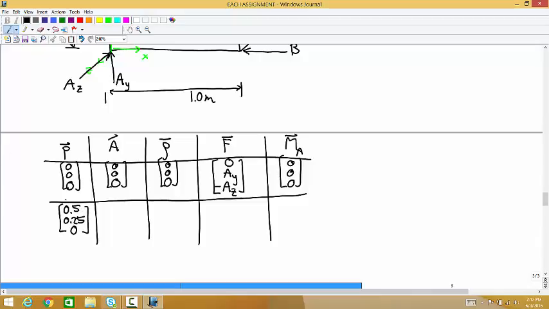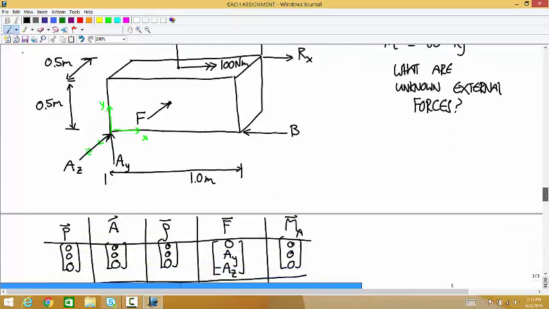Is this one where you can just drop the point down along the line? Yes, you could move that location anywhere in the z direction, because the line of action is parallel to the z-axis.